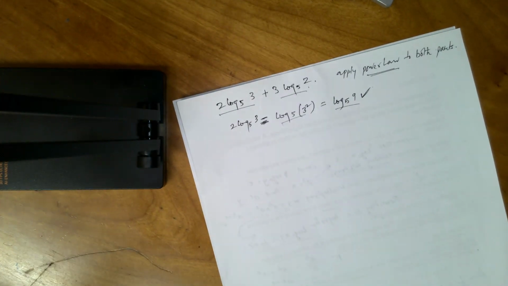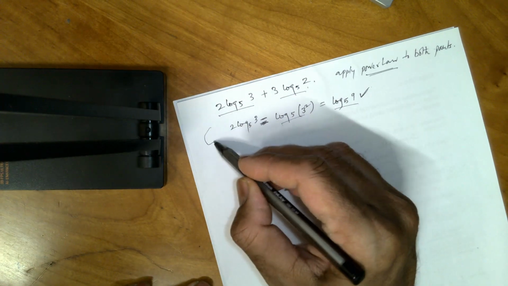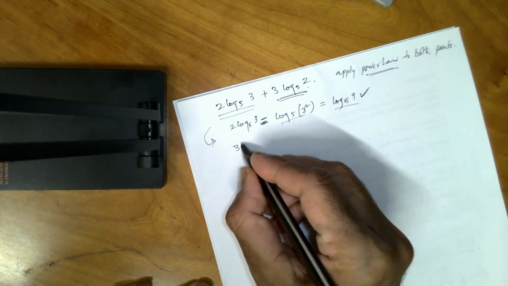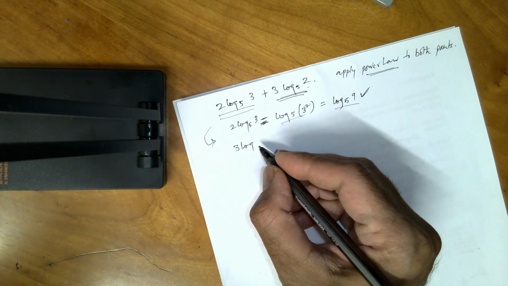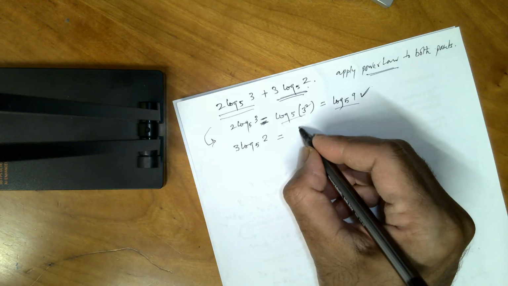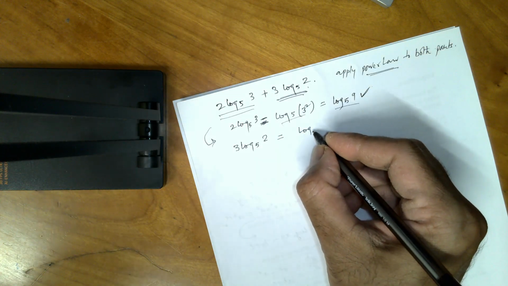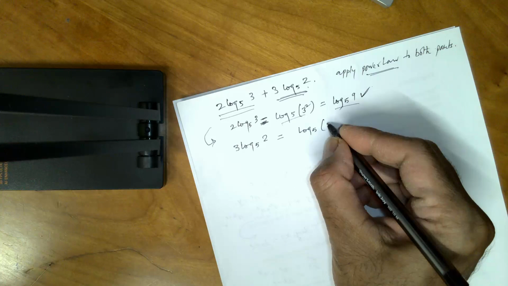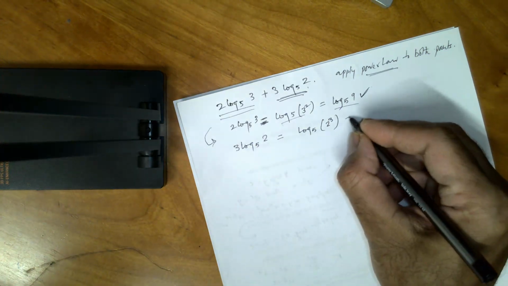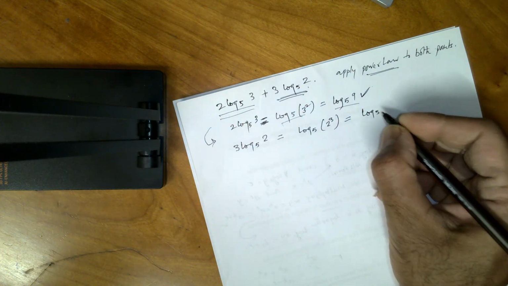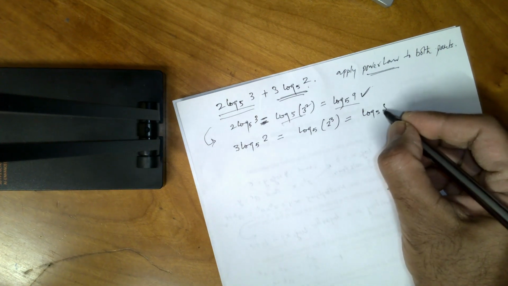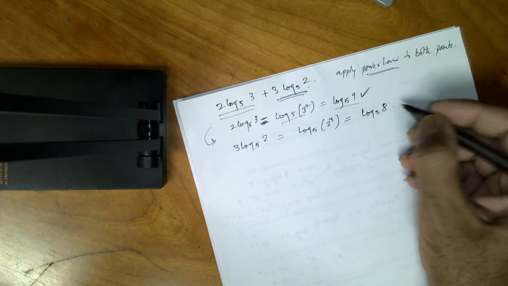Now we're going to do the same to the other part. We had this. Now we're going to take this part. You can write this as, so that 3 is now the power, and this can be written as log base 5 of 8.